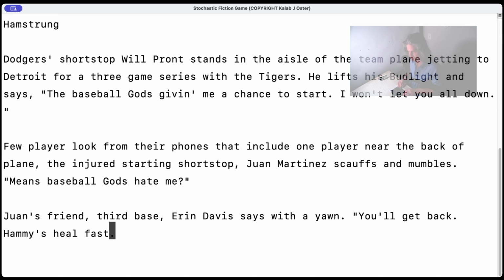Let's go ahead. I had a false start. I had a terrible sentence that I couldn't even read over those mistakes. There'll be mistakes read over during this. Let's give this another go for this story called Hamstrung.